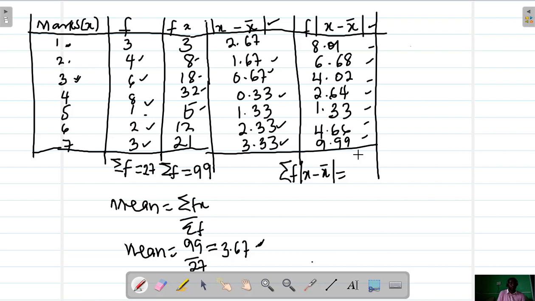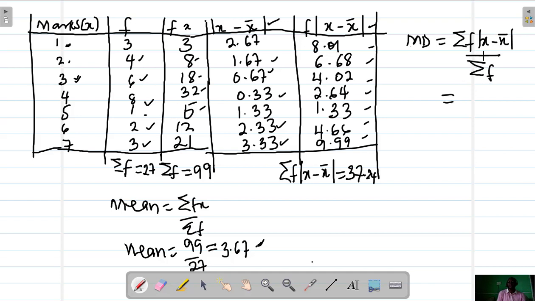So sum: 8.01 plus 6.68 plus 4.02 plus 2.64 plus 1.33 plus 4.66 plus 9.99 will give us 37.24.